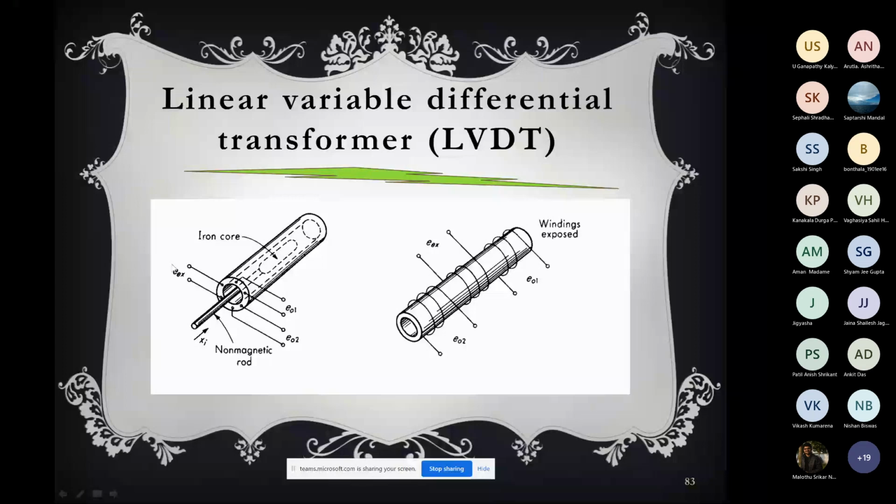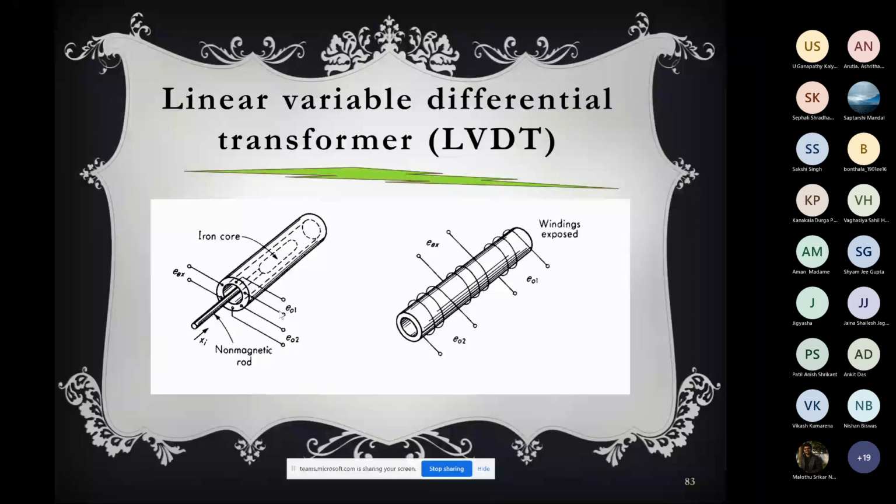As the iron core moves inside the transformer, the output voltages E01 and E02 change. We take the difference of the output voltages, and that output becomes, in some region, linearly proportional to the displacement. So by measuring that output voltage, we can measure the displacement. That is the main principle.